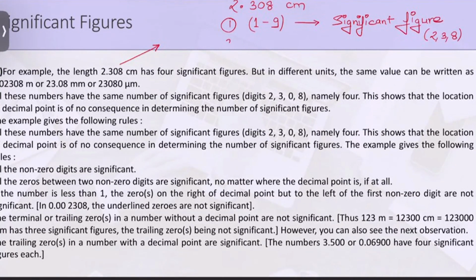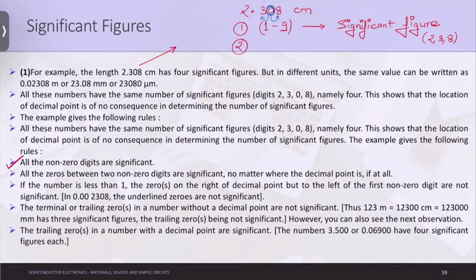The second rule states that if there is a zero lying between two non-zero digits, or two significant digits, all the zeros between two non-zero digits are significant. That means this zero is also significant.